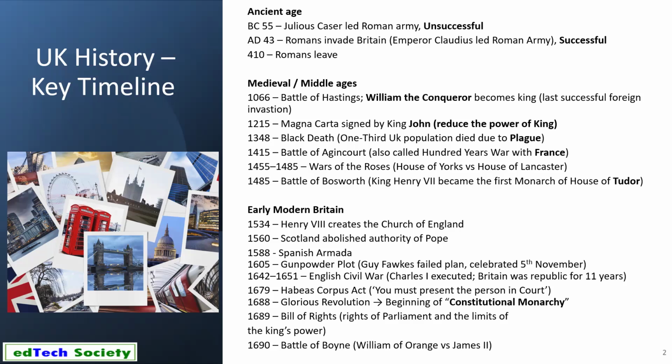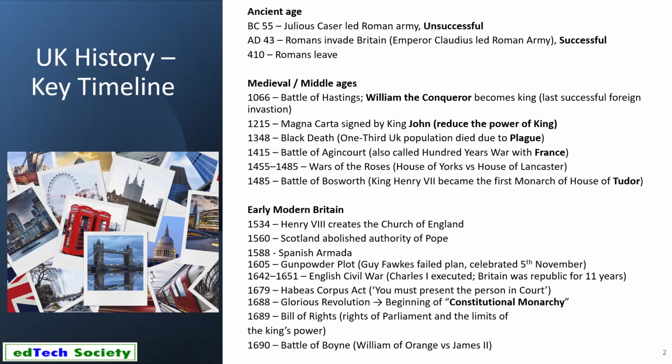And this is a very important transition period, which gives us the early modern period. It started in 1534, when Henry VIII created the Church of England, and the main purpose was to divorce his first wife, Catherine, because the Roman church was previously in England, and it was not allowing Henry VIII to divorce his wife.